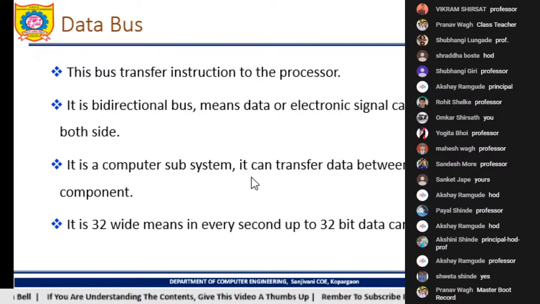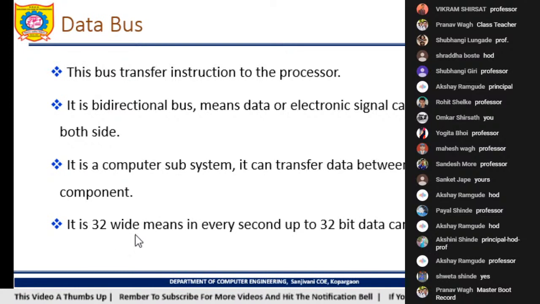It is a computer subsystem, it can transfer data between different components. So it is 32 bit wide, you can say, means every second up to 32 bits of data can be transferred, this is the characteristic of that bus.